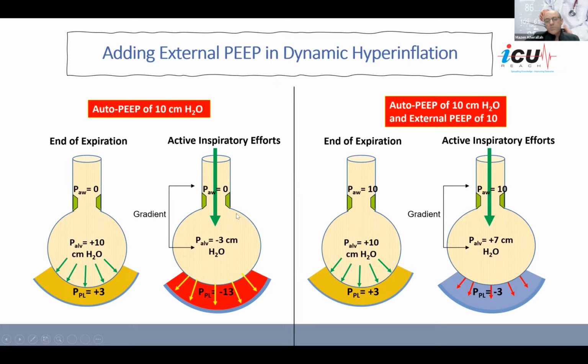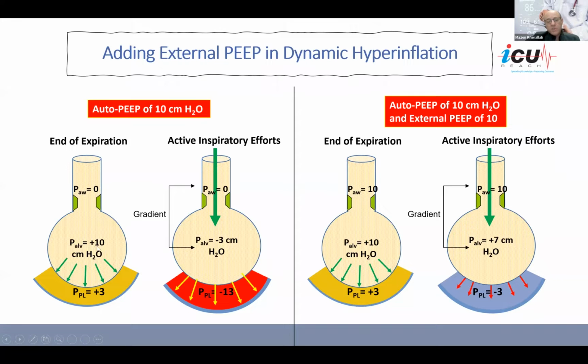Now, how can we help this patient? In order to alleviate these large excursions in the pleural pressure, why don't we add some pressure to the airways here? And look at the right side. By adding, let's just say, the same amount as the auto-PEEP that we have.